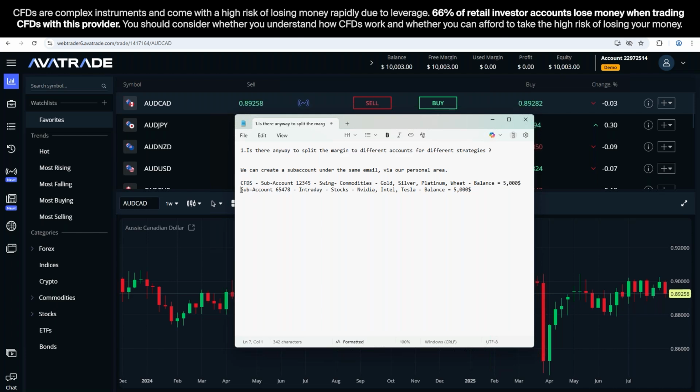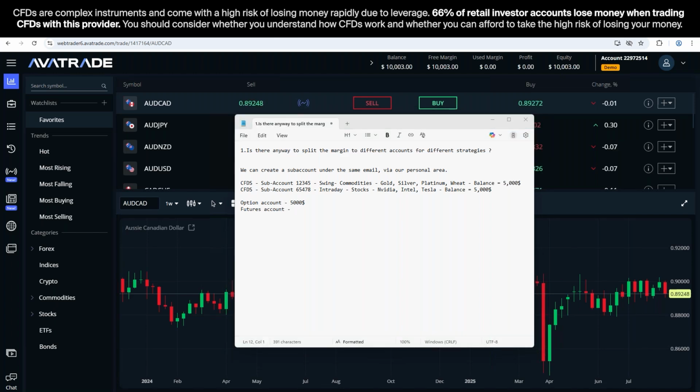I could also, if I wanted, have an options account, with another 5,000, and maybe a futures account. Anyway, you got the idea. I can split a certain amount to different accounts. This sometimes keeps me more organized. This way I know exactly how much margin I've got available and how much margin I'm using in this specific strategy.